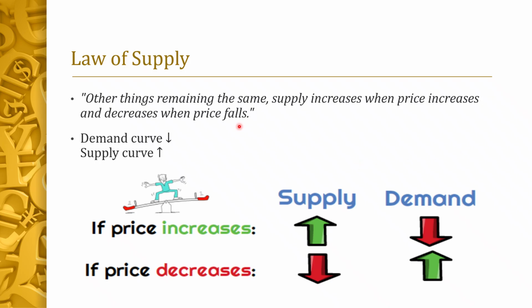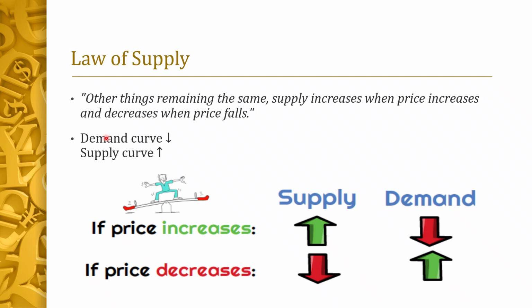Coming on to the law of supply, we say that with other things remaining constant, the quantity supplied increases when the price increases. This is because higher prices mean higher profit.